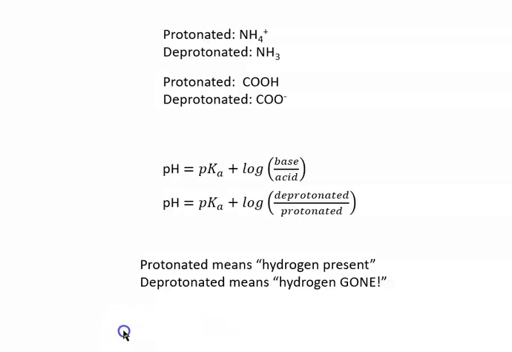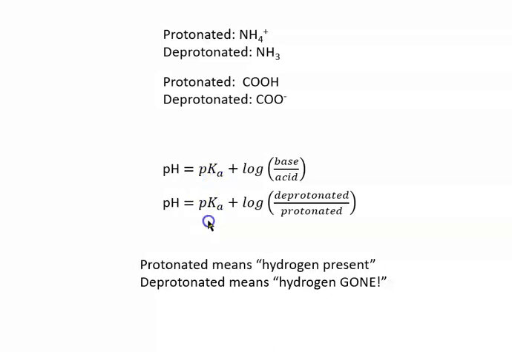So you can look up the pKa values for the different functional groups in a molecule. Warning, here's a warning. A pKa for a carboxylic acid group on the R group of glutamate is going to be different than the pKa for a carboxylic acid group coming off the alpha carbon of glutamate, because the pKa of these functional groups is highly dependent upon the local electronic environment of that functional group.